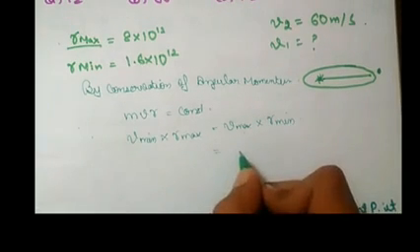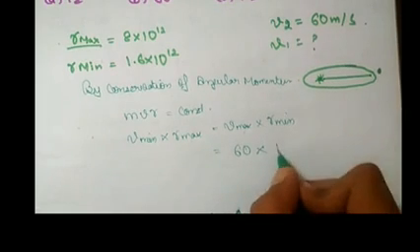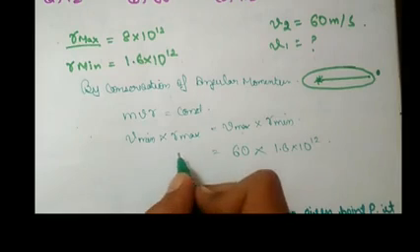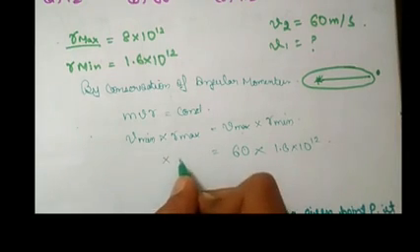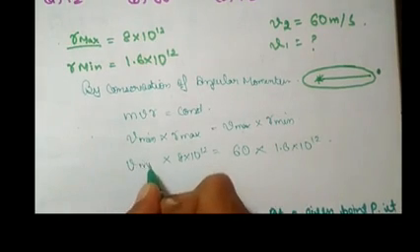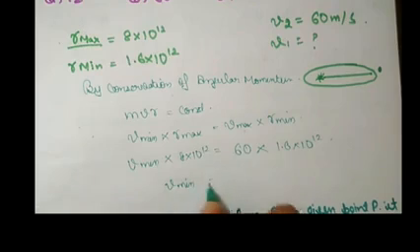So here v maximum is given, 60, into r minimum, which is 1.6 into 10 raised to the power 12. R maximum given to us is 8 into 10 raised to the power 12, and v minimum we have to find. Now it is simply by substituting that we are going to get the answer.